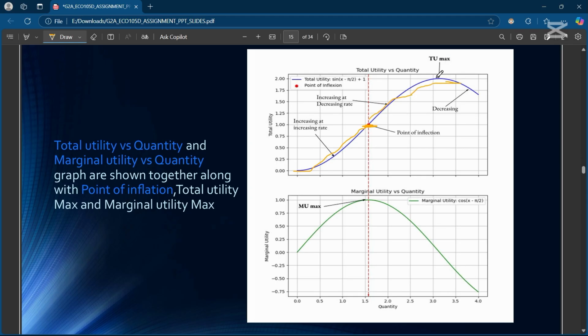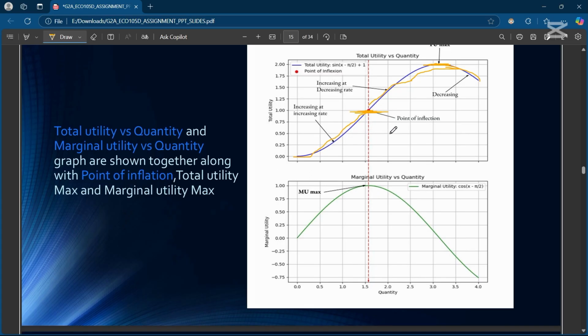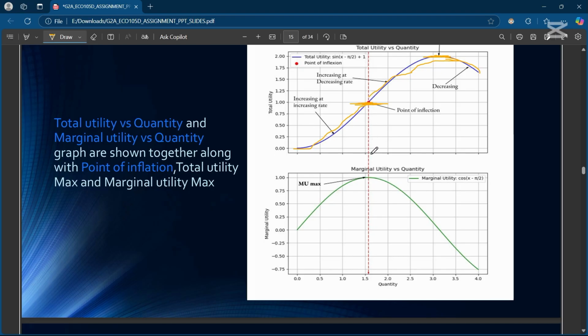Then it reaches the TU max. After that it is decreasing, and the important point is the point of inflection. The point of inflection is the point where MU is max, as we are seeing in the graph below.